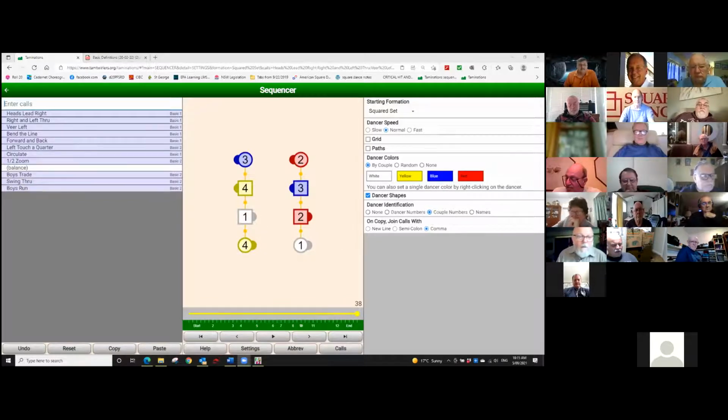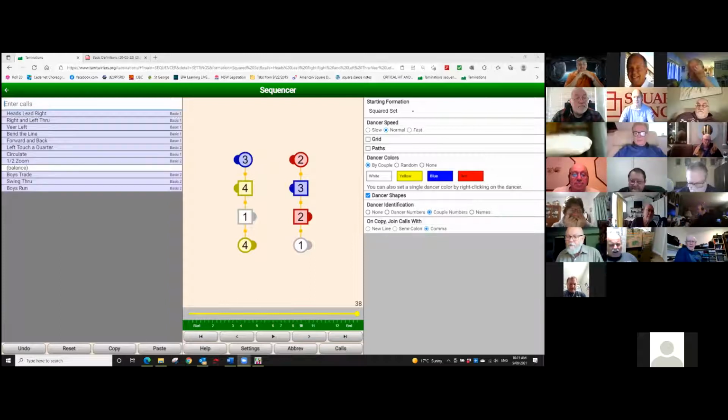Any comments on that? Would you need the balance is my question. That's more of the same as forward and back, or the balance. That is just a prompt to allow your dancers to see the action. To me, those are weaning moves.